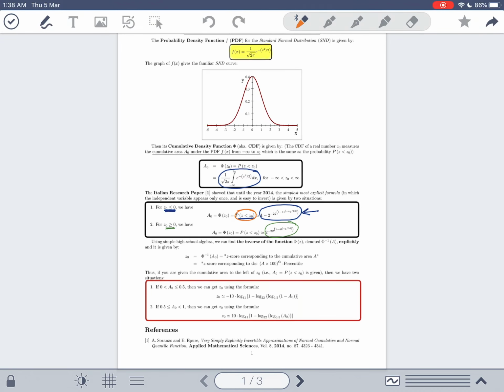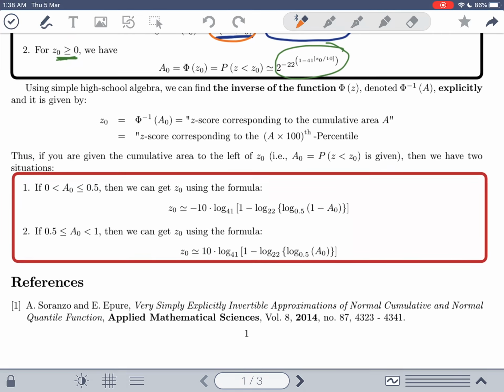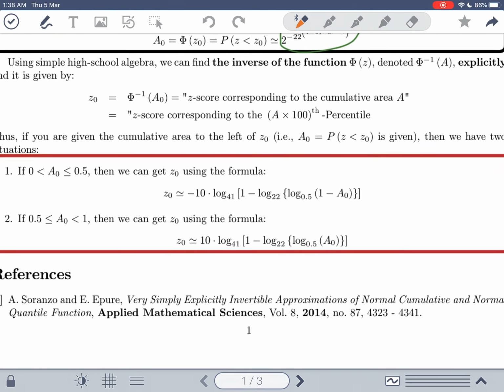And now the better part of this, and in some sense easier to use on calculators, even the older calculators, is what if you have the area to the left and you want to find the z-score.